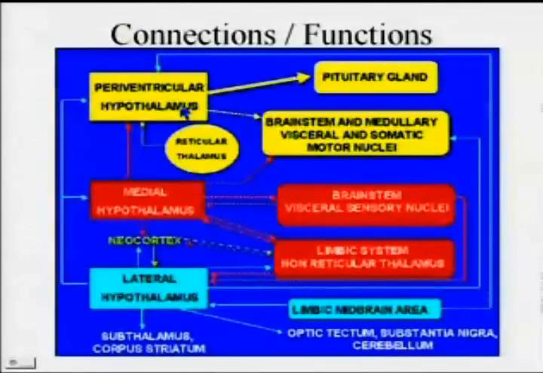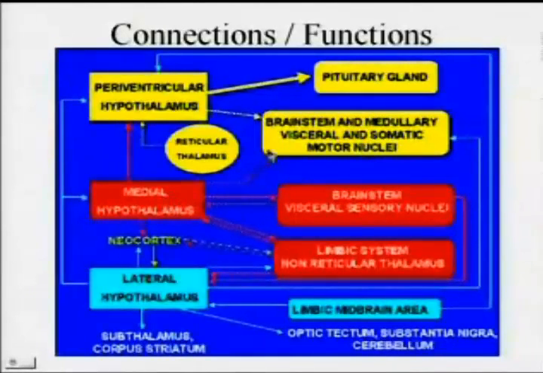But also, as with the lateral parvocellular subdivision of the periventricular nucleus, there's output, and that's only one example, to the brainstem and the medullary, visceral, and somatic motor nuclei, so impacting blood pressure, respiratory rate, and a variety of things like that.